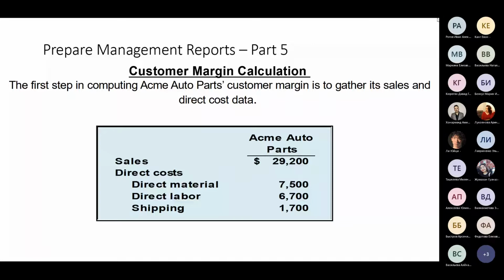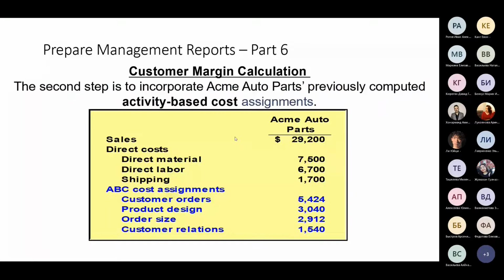Then, when you have collected sales and direct cost data, the second step is to incorporate computed activity-based cost assignments. So we have to understand how many customer orders, product designs, operations, order size, and customer relations there are, and how the activity pool is involved in the customer service or in the production process.